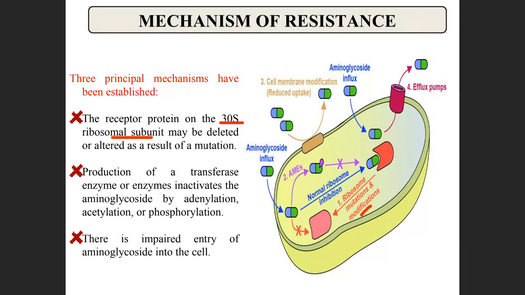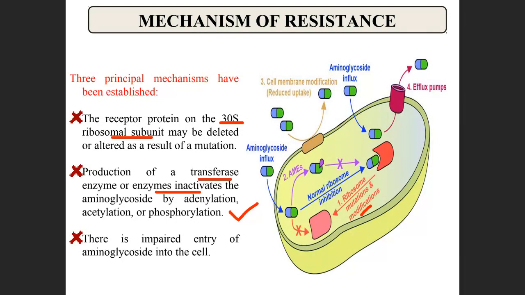The next is, it is causing enzymatic inactivation by producing certain enzymes which can inactivate the aminoglycoside. Mostly which enzyme is produced? Transferase enzyme is produced, and this enzyme tries to inactivate the drug.